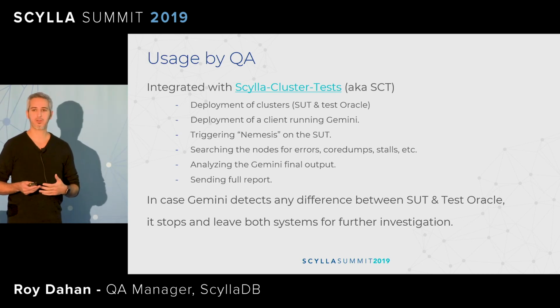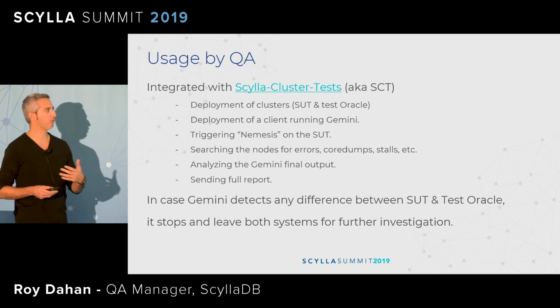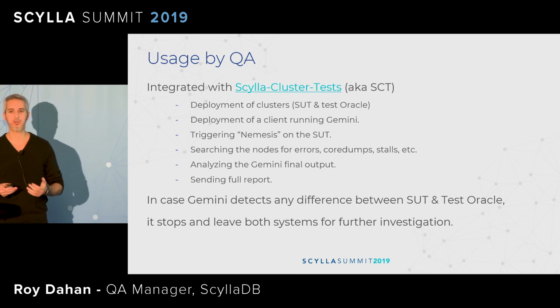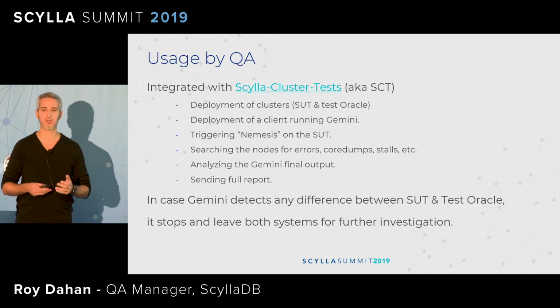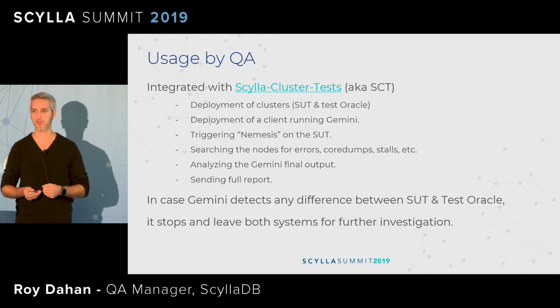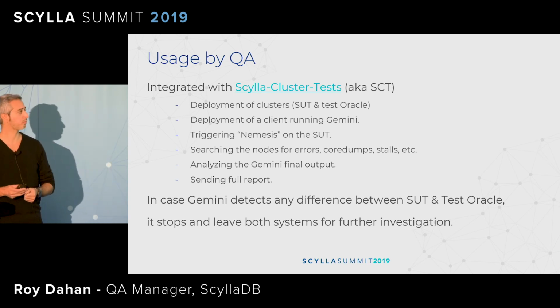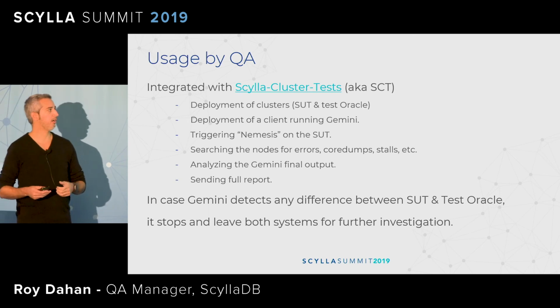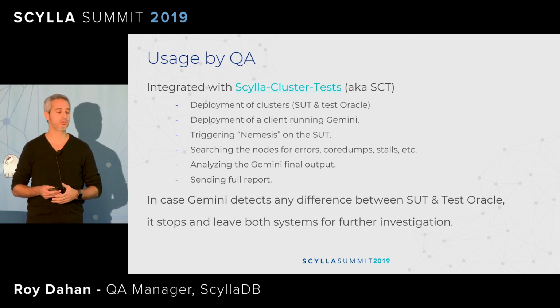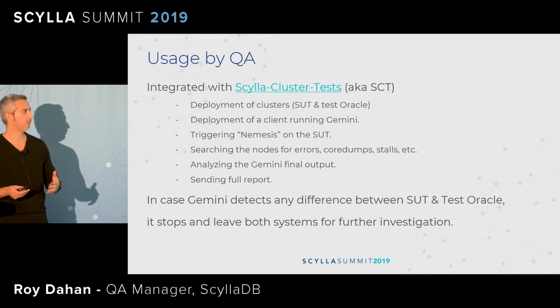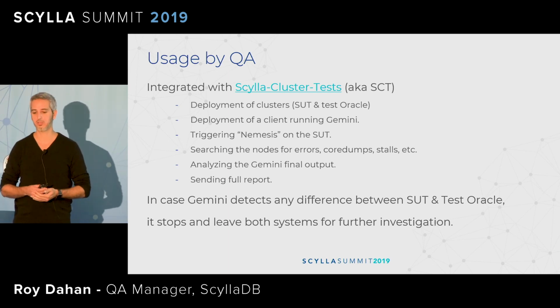During the entire test, SCT also searches for errors on the nodes, like core dumps, exceptions, anything that may be an issue. And finally, it analyzes the Gemini output and sends a full report to the QA group.